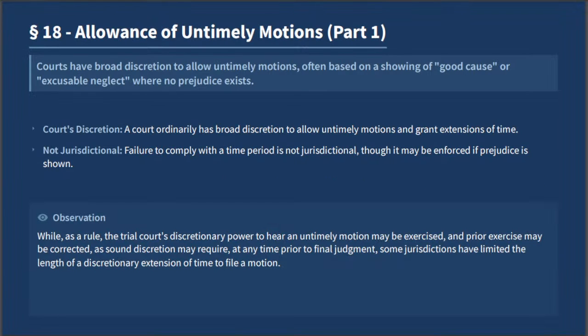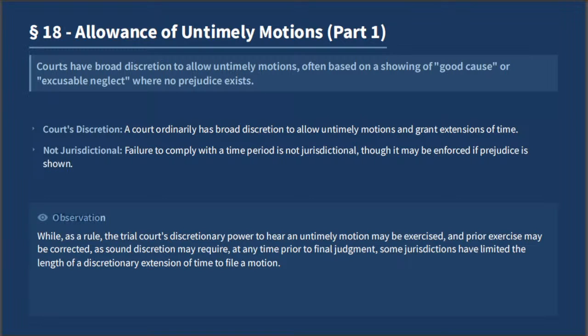Allowance of untimely motions. Courts have broad discretion to allow untimely motions, as they do to deny them too, it seems, often based on a showing of good cause or excusable neglect, where no prejudice exists. But that's up to the court's discretion. The court ordinarily has broad discretion to allow untimely motions and grant extensions of time, and it's not jurisdictional. Failure to comply with a time period is not jurisdictional, though it may be enforced if prejudice is shown.